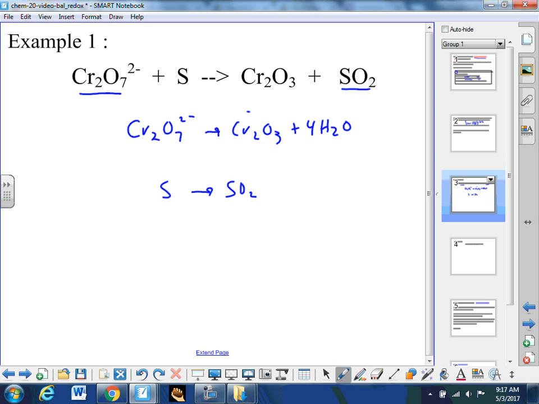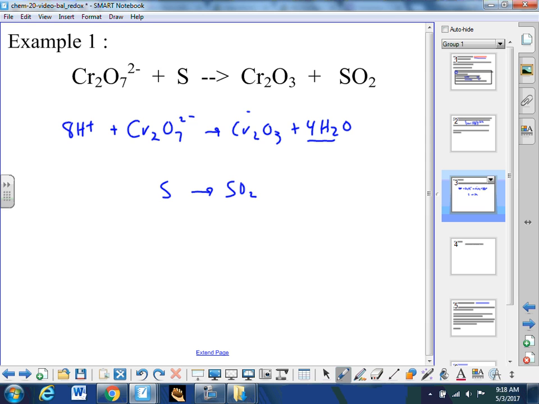Next is to balance the hydrogen. The product side has 8 hydrogen atoms, and the reactant side has 0. So to balance that, I need to add 8 hydrogen ions to the reactant side. Now my hydrogen atoms are balanced.